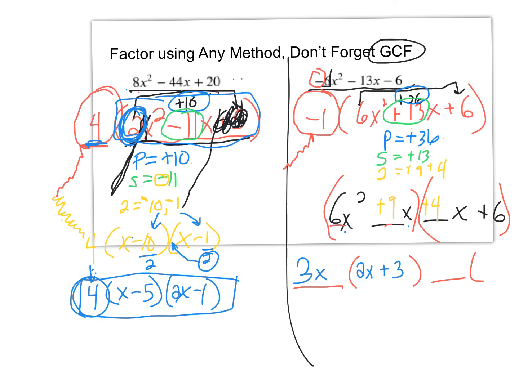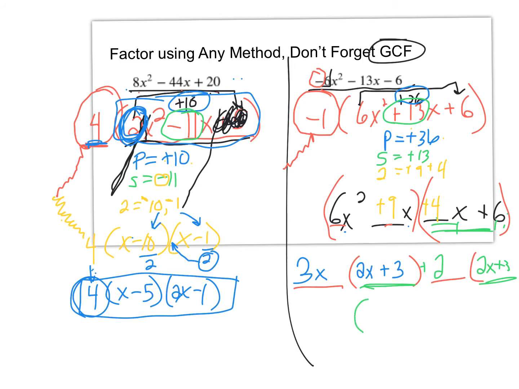Now in the second parenthesis, we'll take GCF out. So between 4 and 6, I can take out a 2. Between x and nothing here, I can't take out anything. So 4x divided by 2 is 2x. 6 divided by 2 is 3. And now, since these parentheses match, I'm going to make that a plus 2.